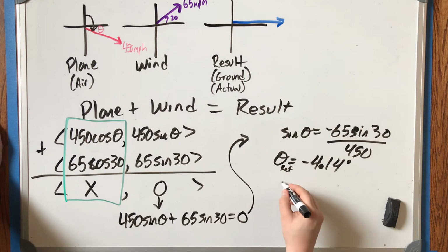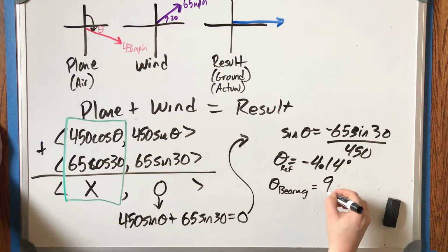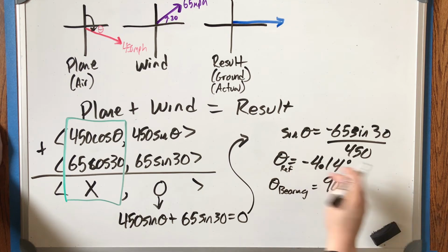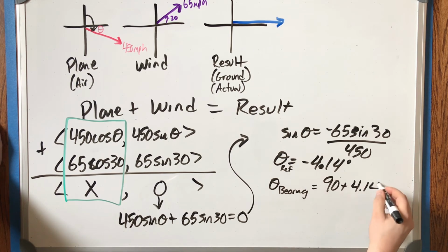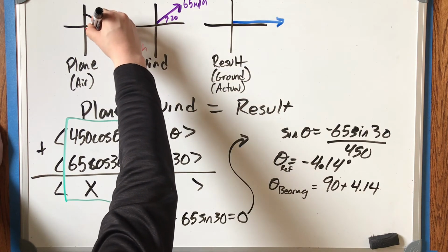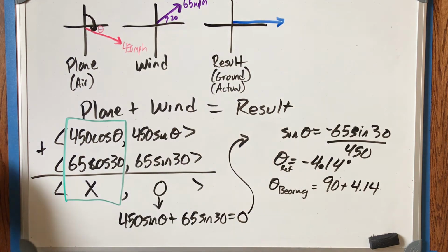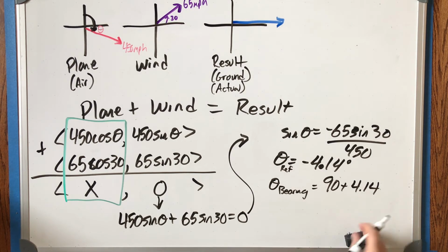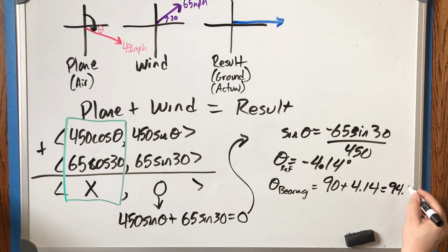So I'm going to say that theta as a bearing, well, that's going to be 90 plus positive 4.14. Okay, because I need to be coming from north all the way through. So 90 plus the absolute value of theta. I don't care that it's negative. So that's going to be my bearing, 94.14. And that's the first part of this.